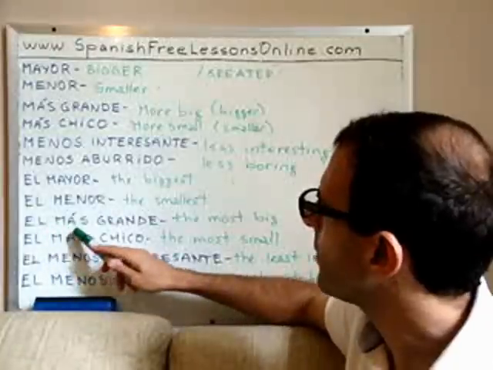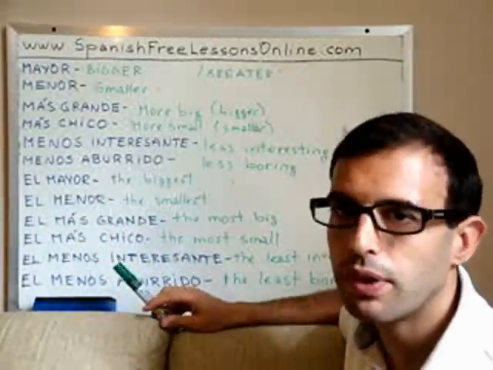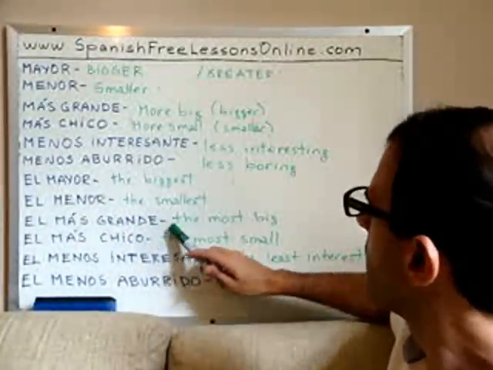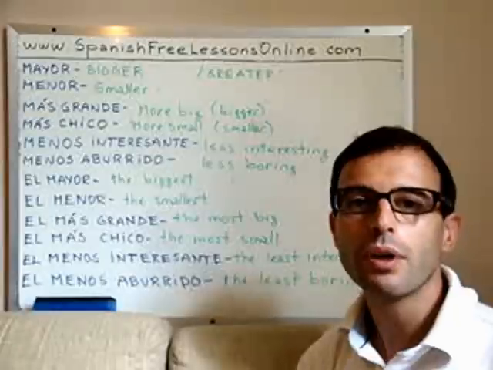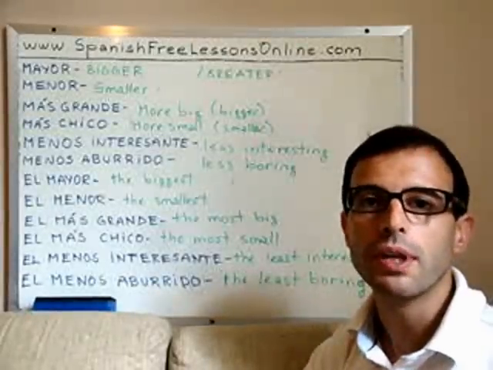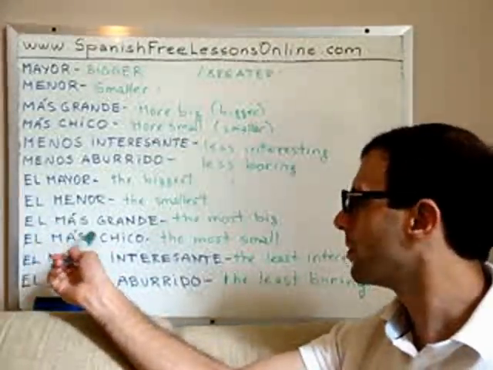El más grande. This would be the most big. I know that in English it's wrong to say the most big, so it would be the biggest. But this is the word by word translation.